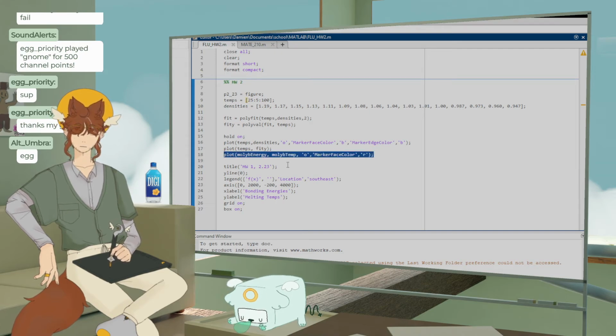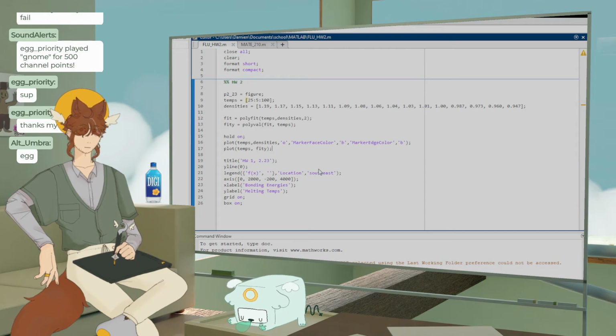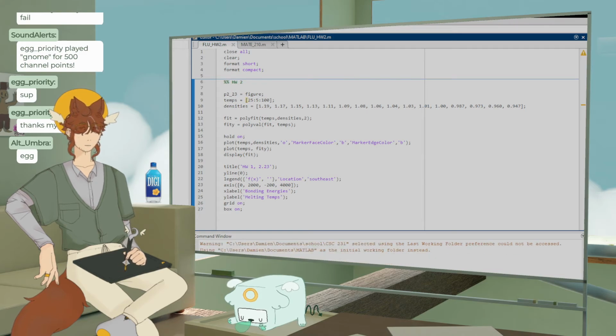I don't want to plot that. What is it? Can I display it? Oh, I can. Okay.